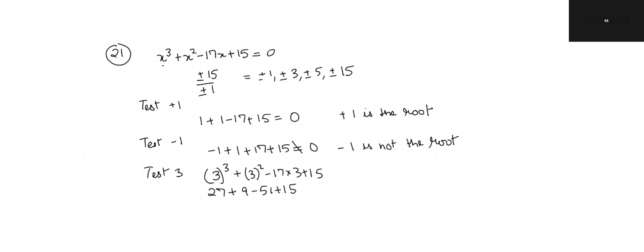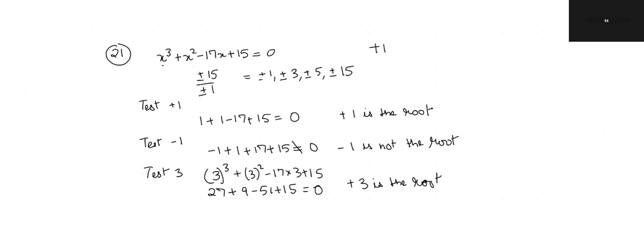So this gives us 0. That means plus 3 is a root. Okay, so we have got two roots, plus 1 and plus 3.